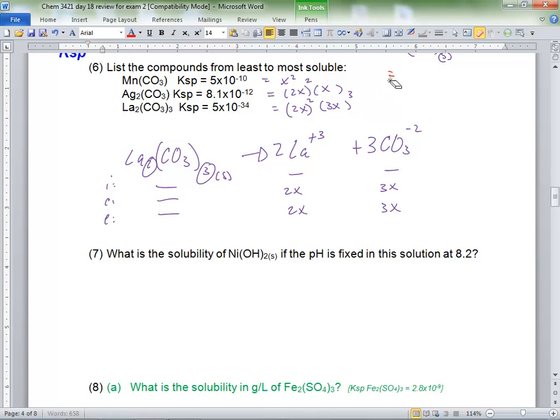Oh, we can write it here. That's 4x squared, 4x cubed. It's 4x squared, 3 times... oh my goodness. What's 4 times 27?